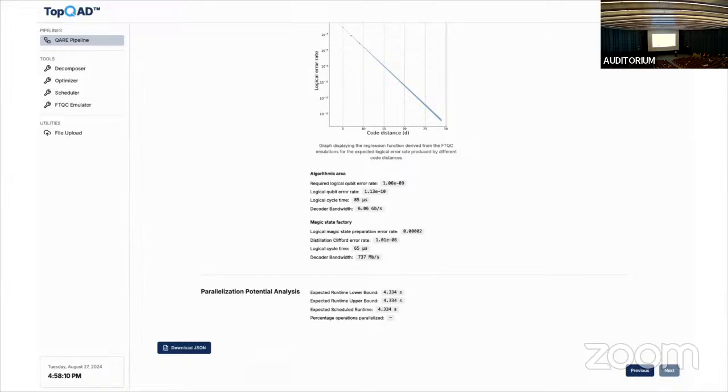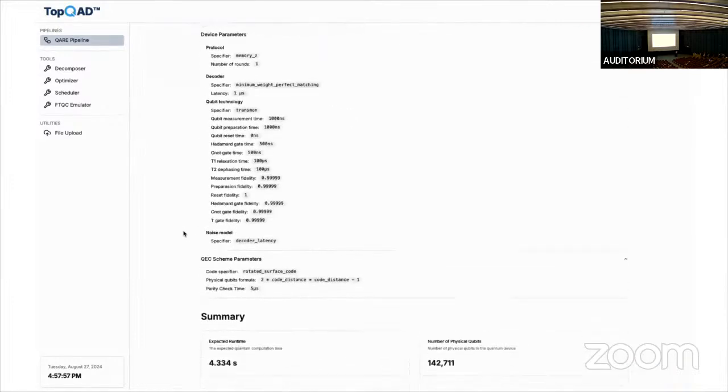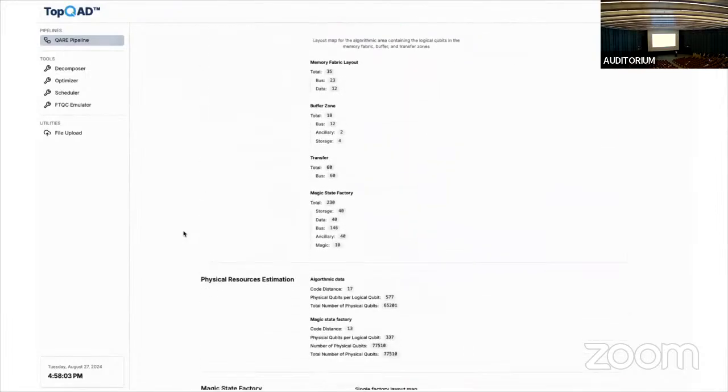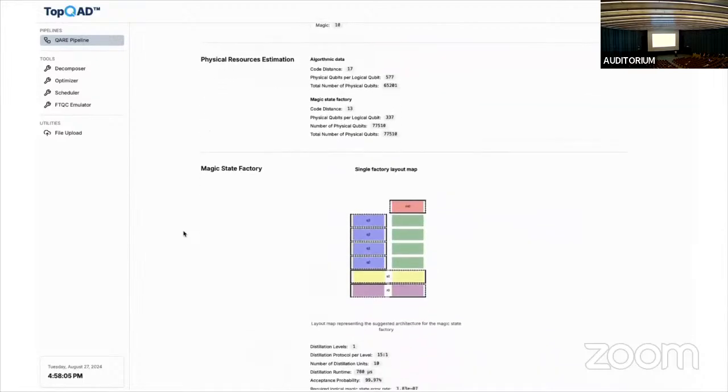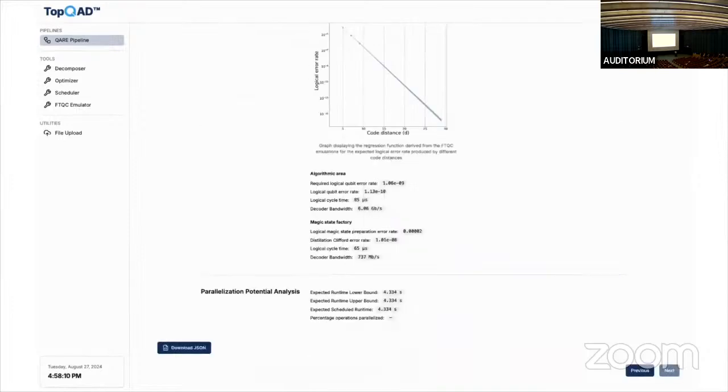Our toolkit runs a bunch of tools, including the scheduler and the transpiler, that optimize the circuit given a suggested fault-tolerant architecture, meeting the conditions that were informed, and generating a resource estimate for the scenario. Here you can see the expected runtime, the number of physical qubits, and then the rest is a report showing where these qubits are, for example, the fidelities of the logical qubits and so on.